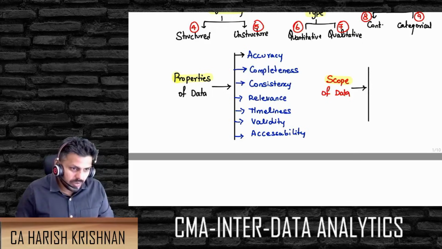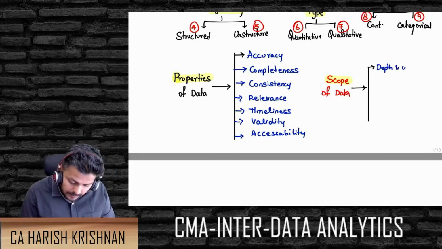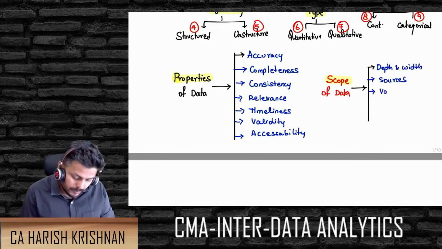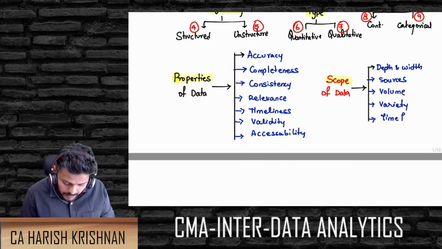The first one is called the depth and width of the data, then volume or sources, then comes volume, variety, and time frame. So all these are included in the scope of data.